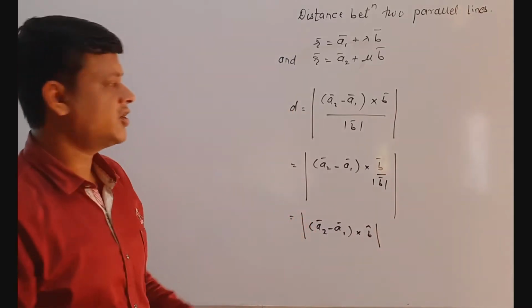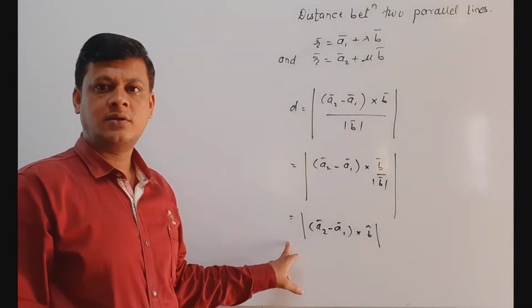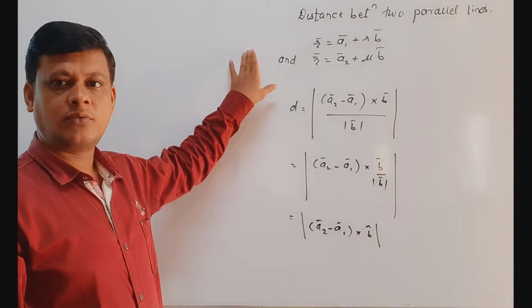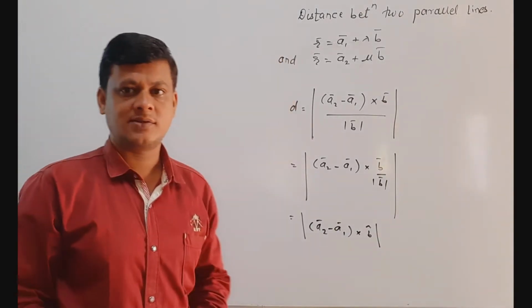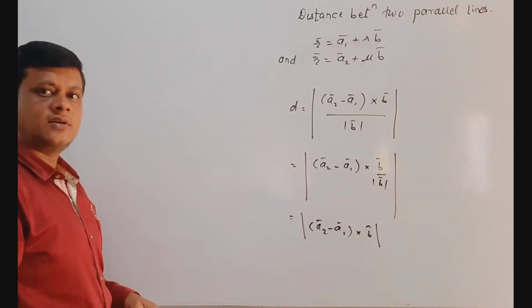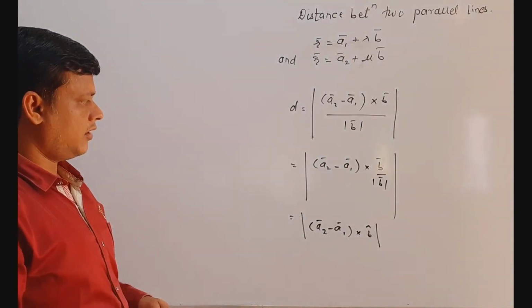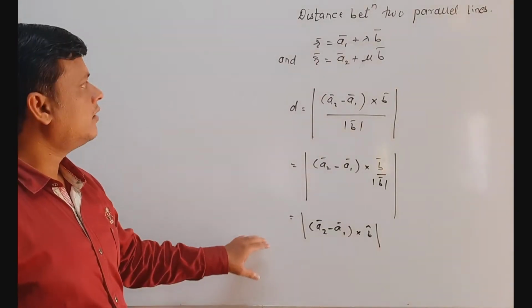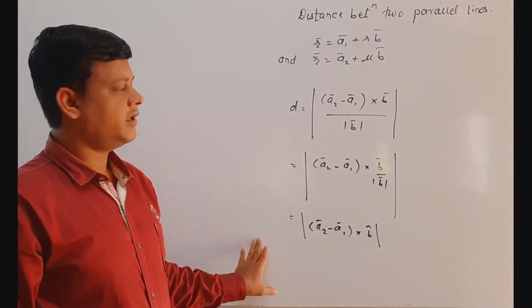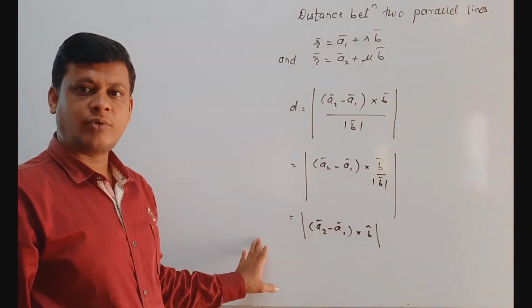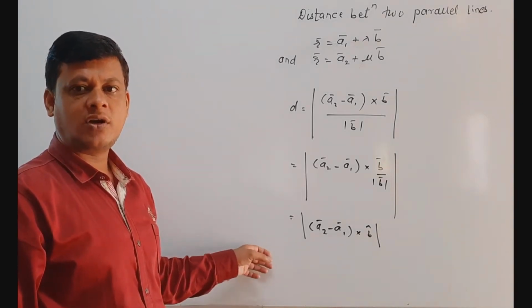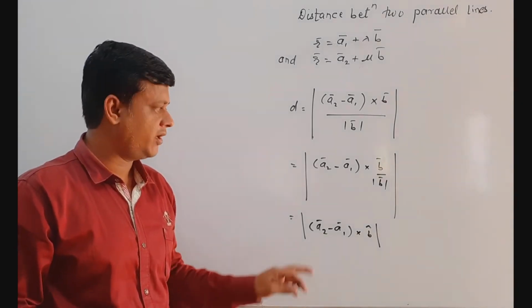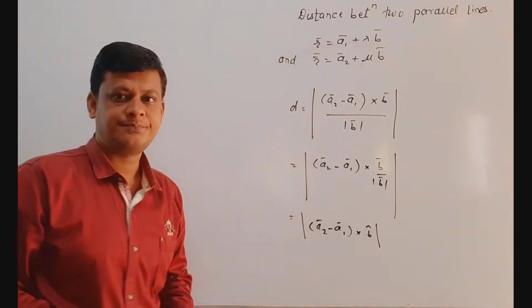So by using this formula we can find the distance between two parallel lines, that is shortest distance between these two parallel lines. In class 10 or in class 11 we discuss about Cartesian form. If the lines are in Cartesian form, we find the shortest distance between two lines. Here we consider vector form.